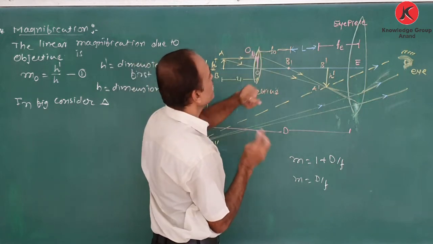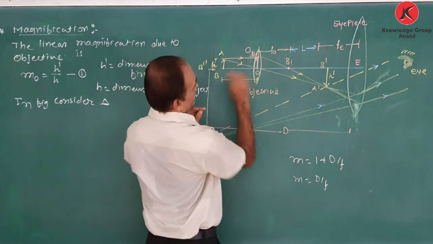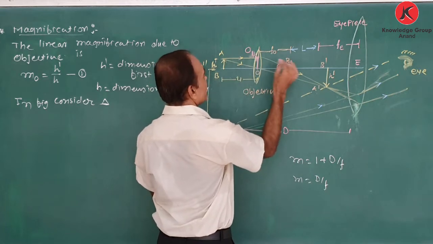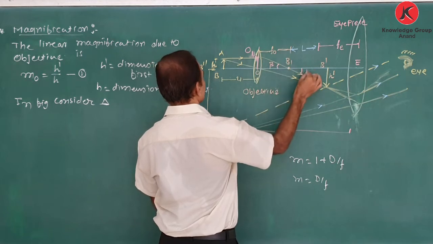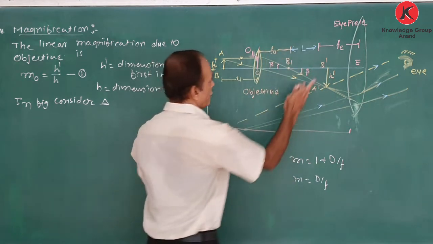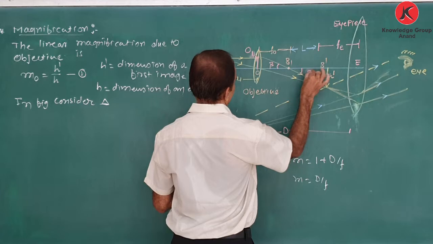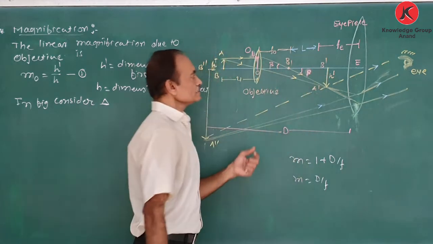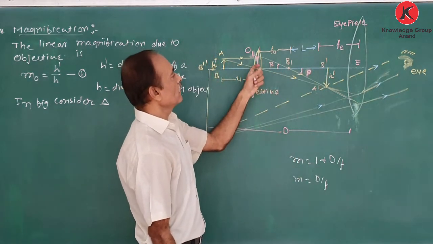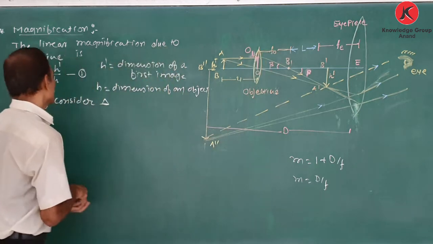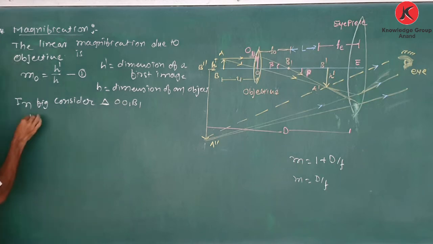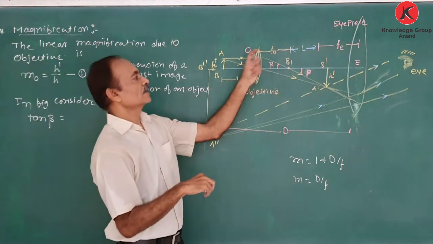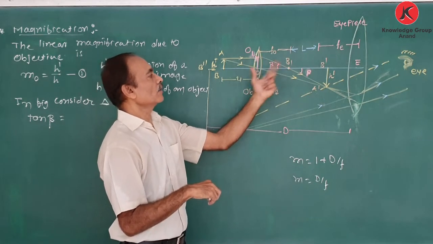Therefore O1B1. Now listen. So what are the angles subtended? The same angles subtended here. Suppose there is the beta. So we consider this triangle O1B1. Therefore tan beta is equal to what?